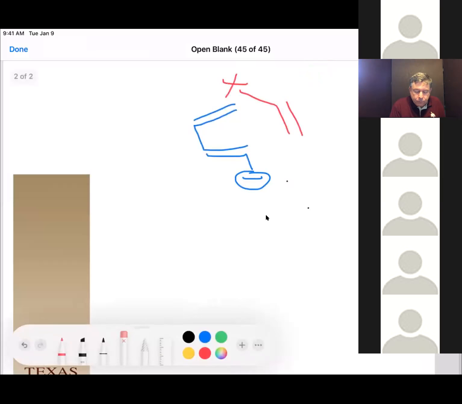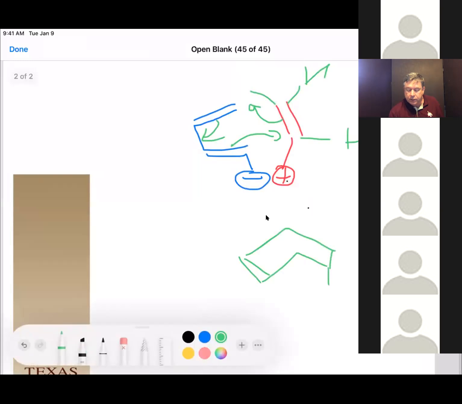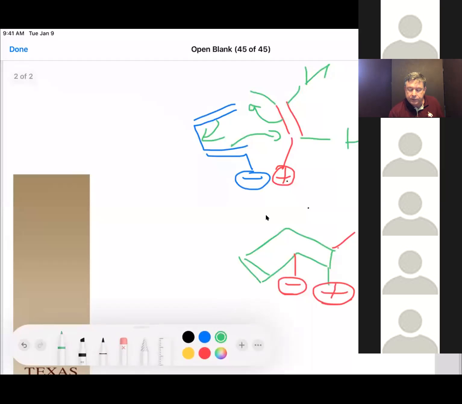And let's not forget our hydrogens out here. When we do that, if we look at our final product, we'll see that the partially positive charge is going to end up down here, our partially negative charge is going to end up here, and we'll just have our hydrogens here.